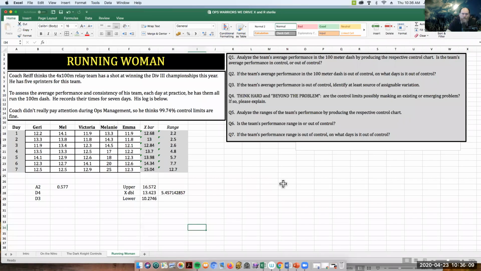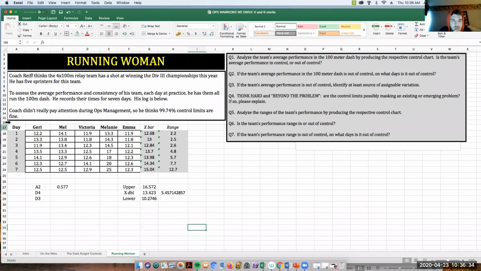Josh, what values do I want to plot? I got a bunch of values up here. Which values do I want to plot for my X control chart? You said which values do we want to plot? Yep. I guess would we plot each day maybe possibly?